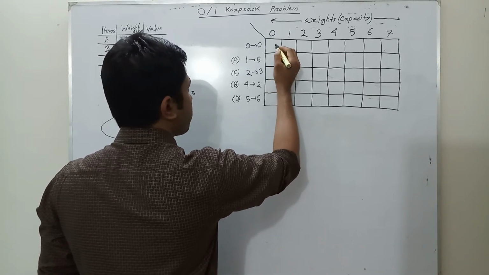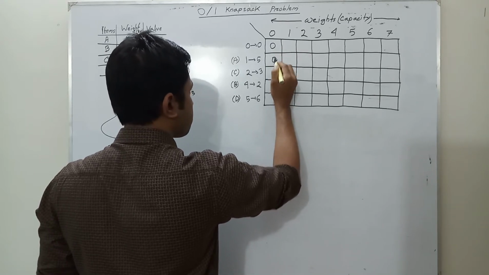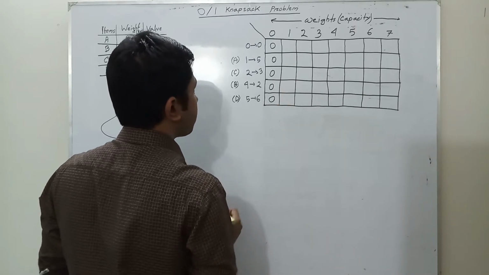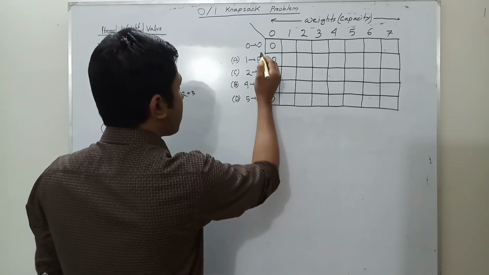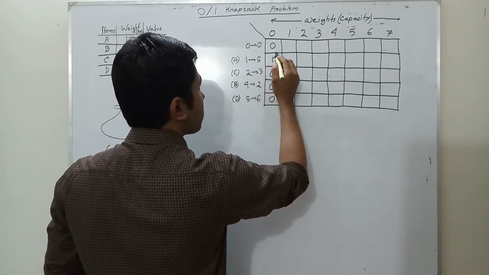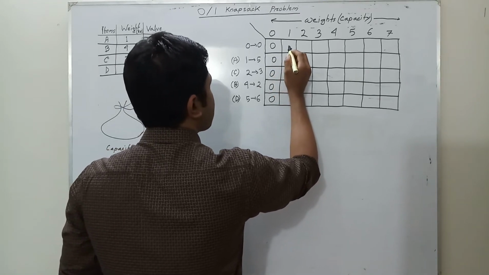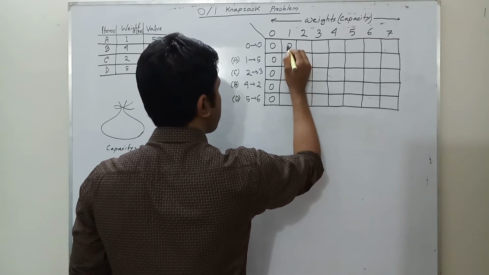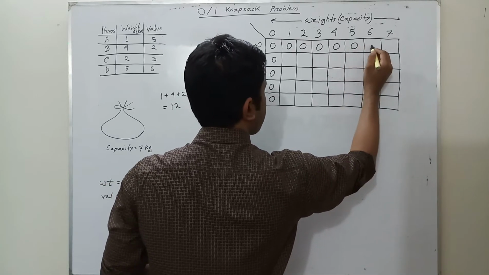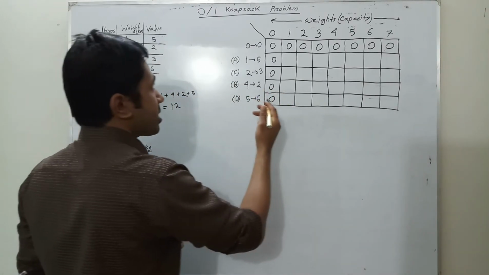So the maximum obtainable value will be 0 in this field. Again, when I don't have any items, but I have the knapsack, I can't put any item into the knapsack and the maximum obtainable value will be 0. These are the base cases.